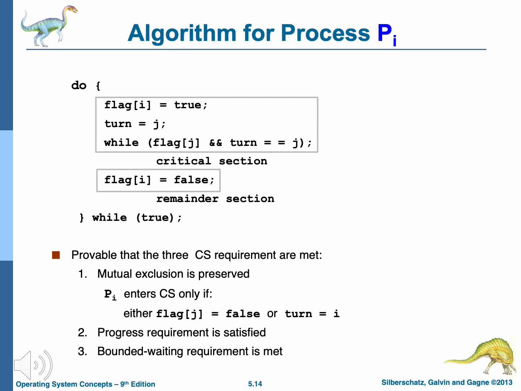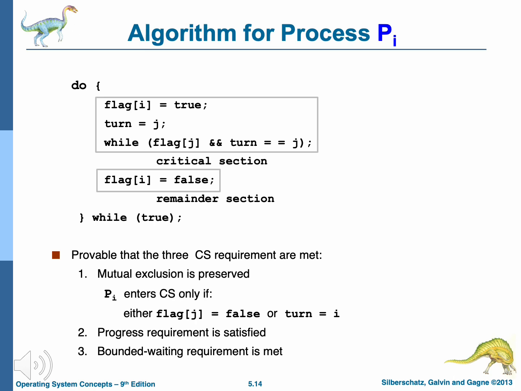If both processes try to enter at the same time, turn will be set to both i and j at roughly the same time. Only one of these assignments will last. The other will occur but will be overwritten immediately. The eventual value of turn determines which of the two processes is allowed to enter its critical section first.